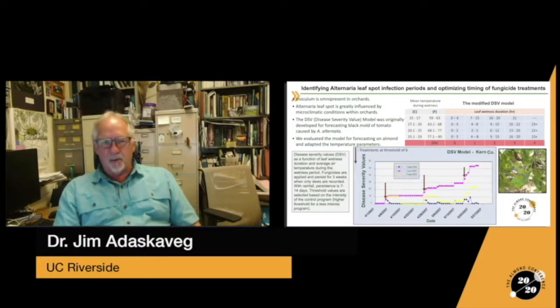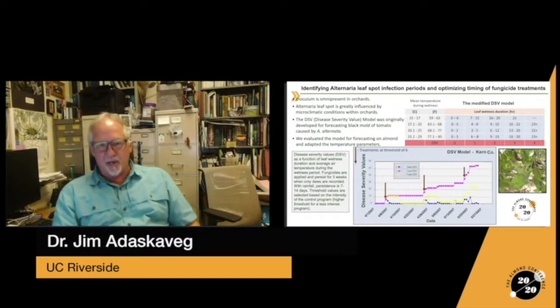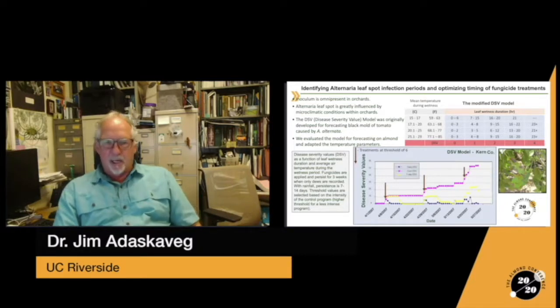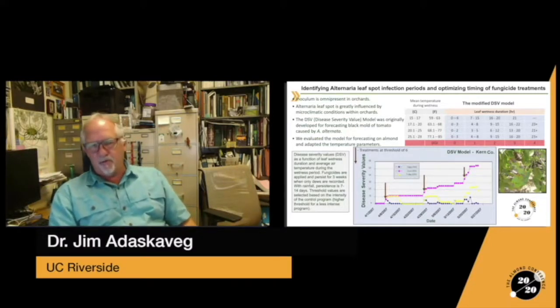You can see right away that 0 to 6, 0 to 2 hours, at all these different temperatures of leaf wetness results in no DSV values, 0. As temperature increases, 7 to 15, 4 to 8, or 3 to 5 hours of leaf wetness in the second column will result in a DSV index value of 1.